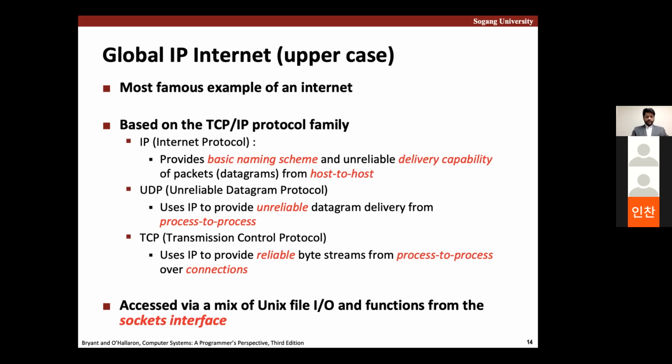For example, IP provides the basic naming scheme and delivery mechanism, the capability of sending packets, datagrams, from host to host. We have UDP, the unreliable datagram protocol, which uses IP to provide unreliable datagram delivery from process to process. We have TCP, the Transmission Control Protocol, which uses IP to provide reliable byte streams from process to process over connections.